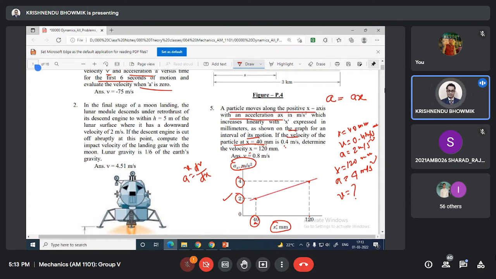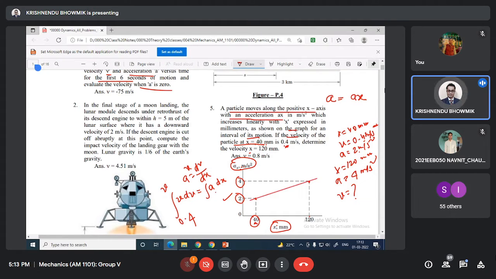Say, for example, I can utilize this expression v dv equal to a dx, is not it? Yes, sir. A dx and do the integration, from velocity 0.4 to, we don't know the value of this.